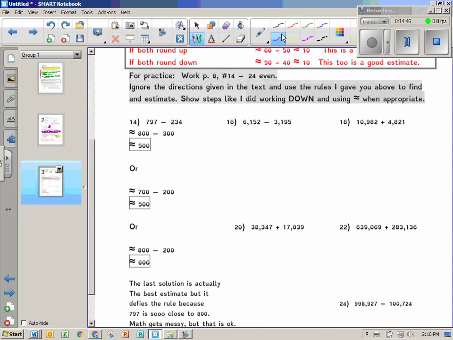So let's just put a D here for down. So I'm going to round both of those down.